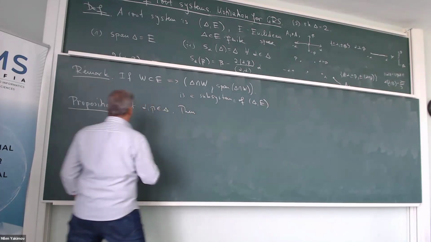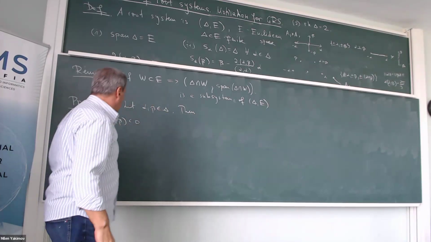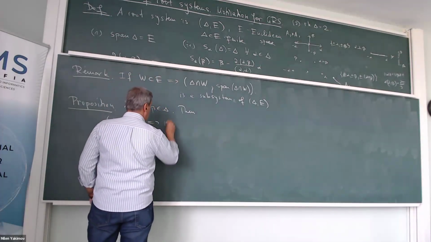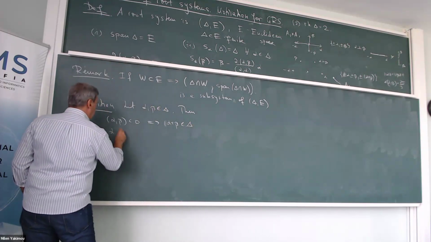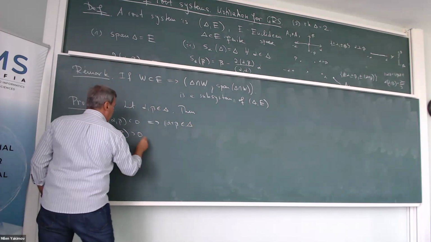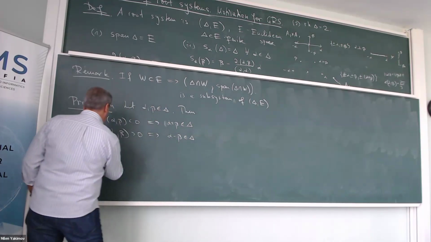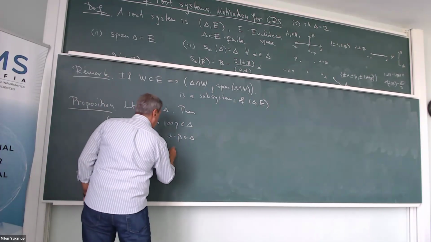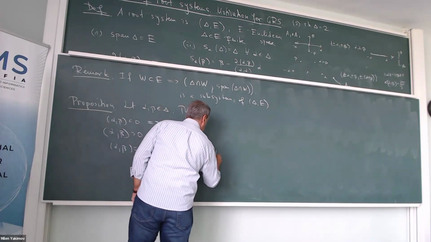Then, if alpha and beta make an obtuse angle, then alpha plus beta is a root. If alpha and beta make an acute angle, then alpha minus beta is a root. And if alpha and beta are orthogonal, then alpha plus beta is a root if and only if alpha minus beta is a root.